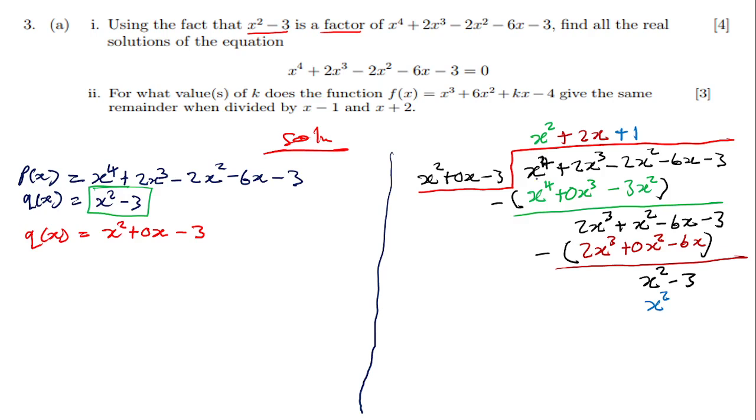So 1 times negative 3 is simply negative 3. Then I'll simply subtract. So everything there is going to give me 0. Okay, so everything is 0. So I do not have the remainder.